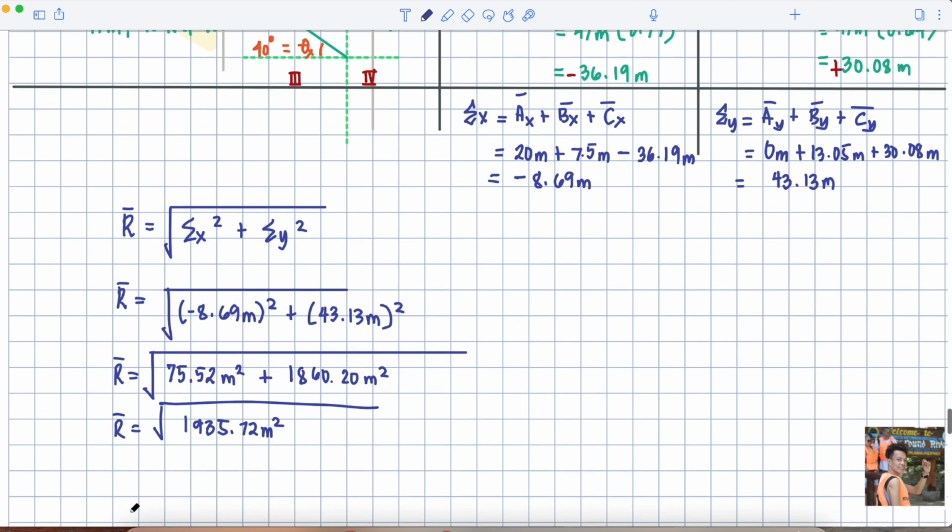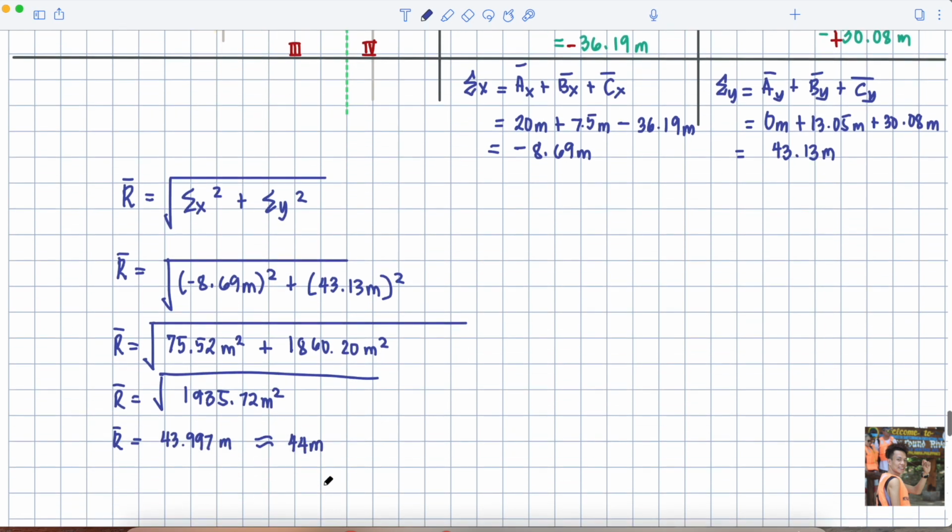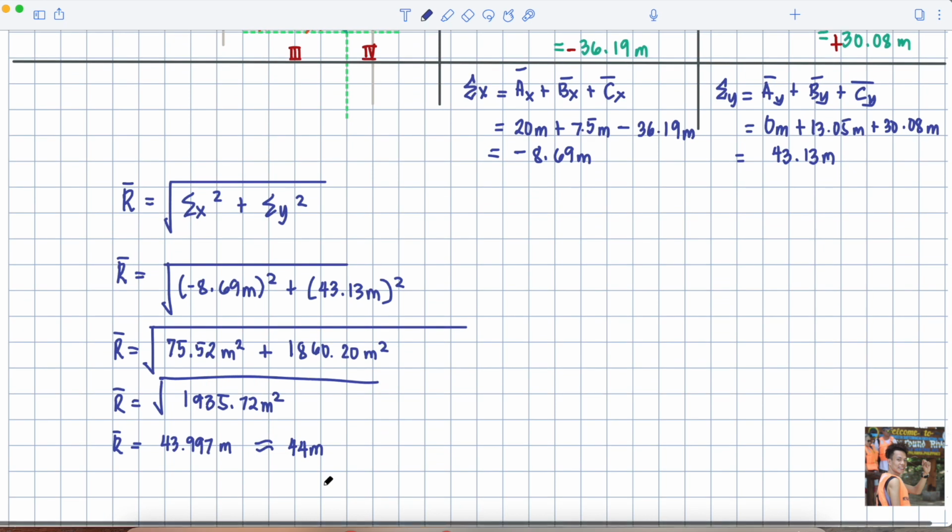Let's extract the square root of that value. R is equal to 43.997 meters, or approximately 44 meters.